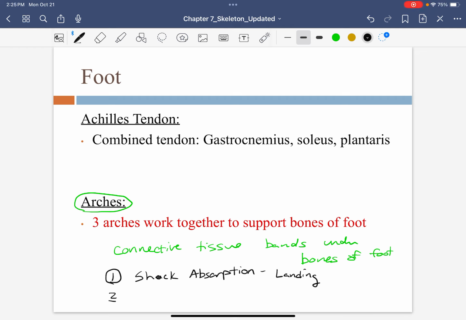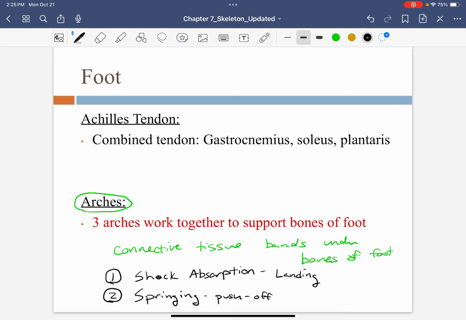The second function I'd like you to know is it allows for a springing action. And that would occur after landing when we go to push off. The fancy way of saying it is toe off.